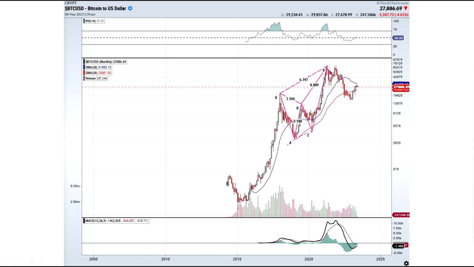But this particular pattern showed up on Bitcoin in late 2021, and we can look at the structure of this pattern where we have an A, a B, a C, and a very extended D leg.